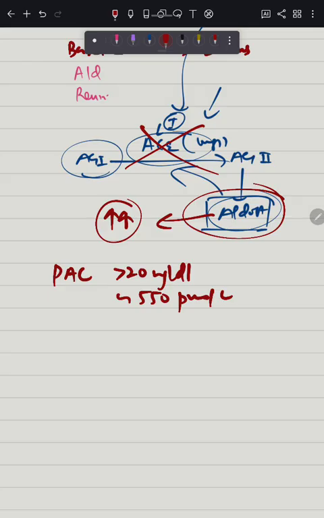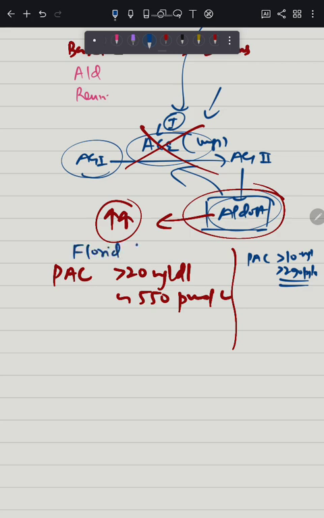You shouldn't confuse it with the screening test, where PAC is mandatory to be greater than 10, or greater than 290 picomoles per liter. But here it is the fluoride triad that I am discussing.